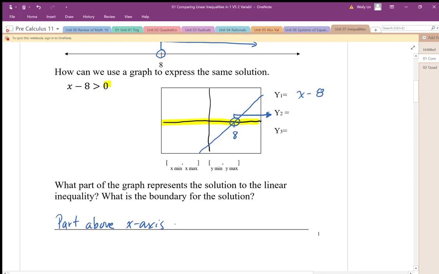The boundary is going to be where x is equal to 8. The boundary is the equal to part, and from that boundary we go one-dimensionally either to the right or to the left on the number line.